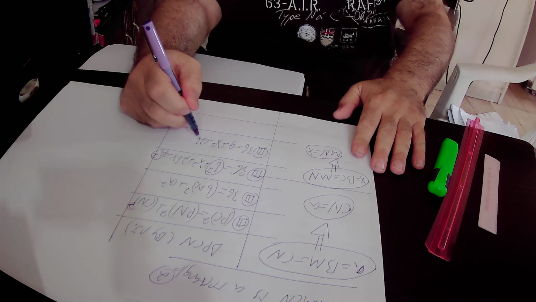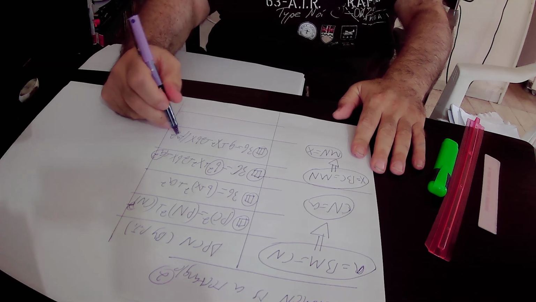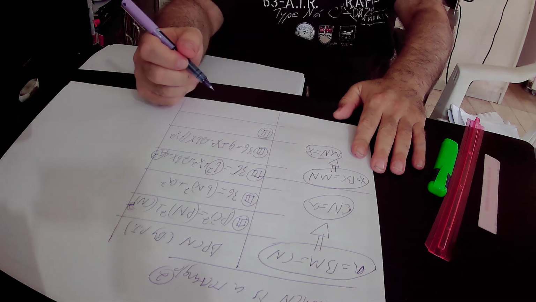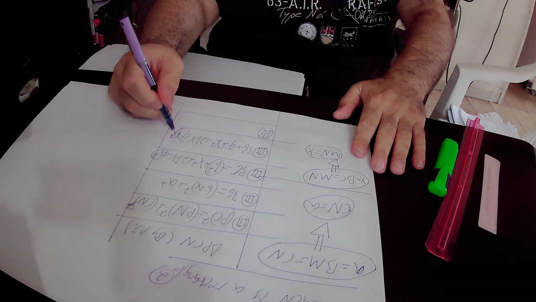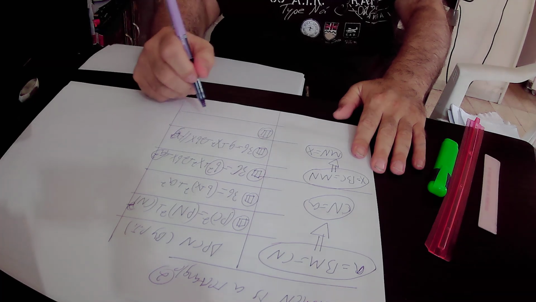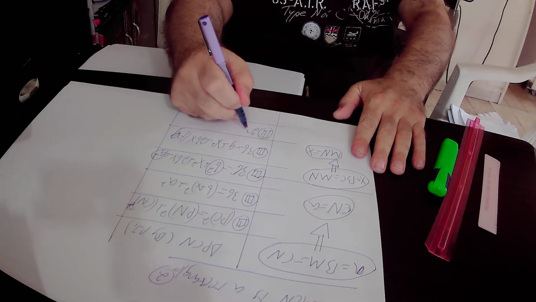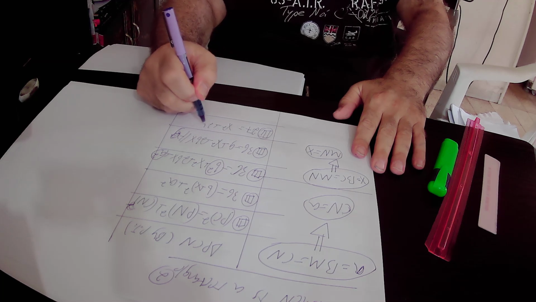Here we subtract 9 first from equation number 3: 36 minus 9 is 27, that is equal to X squared plus 2bx.